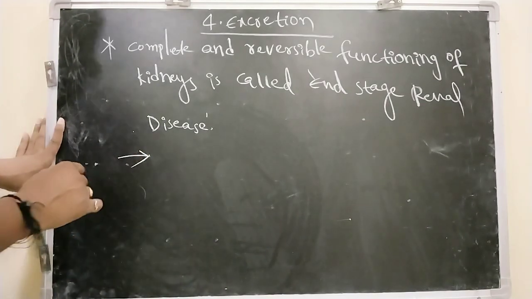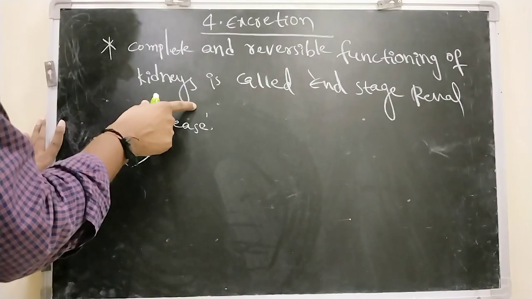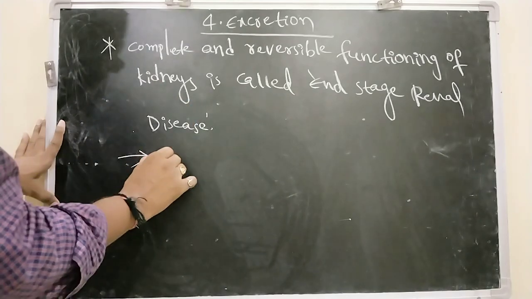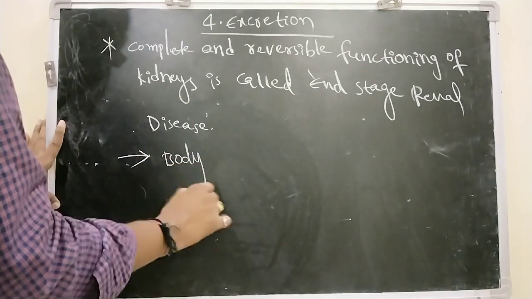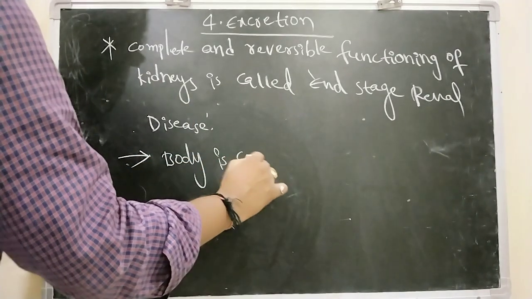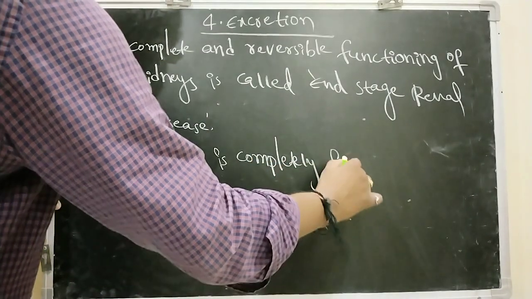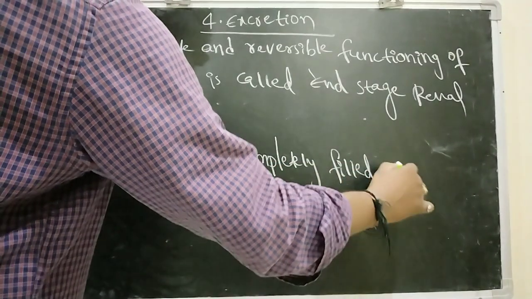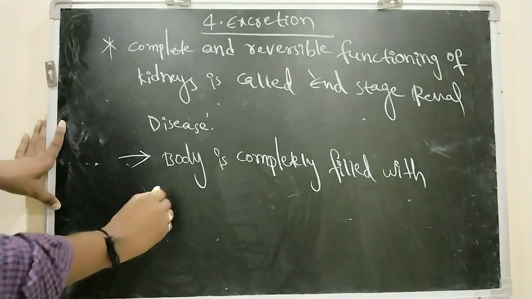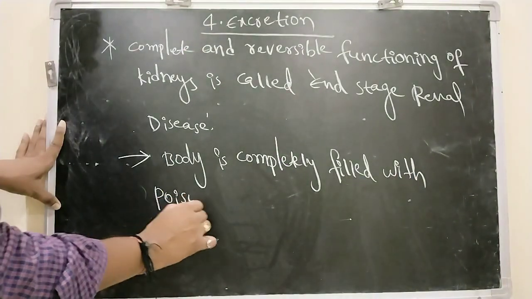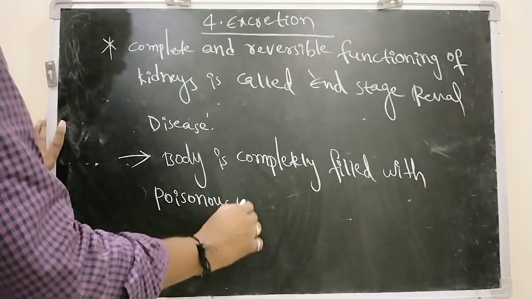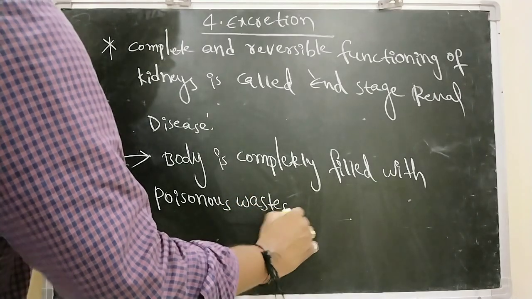So as a result, what will happen when the kidneys fail to function properly? The body is completely filled with poisonous wastes, and this condition is called uremia.